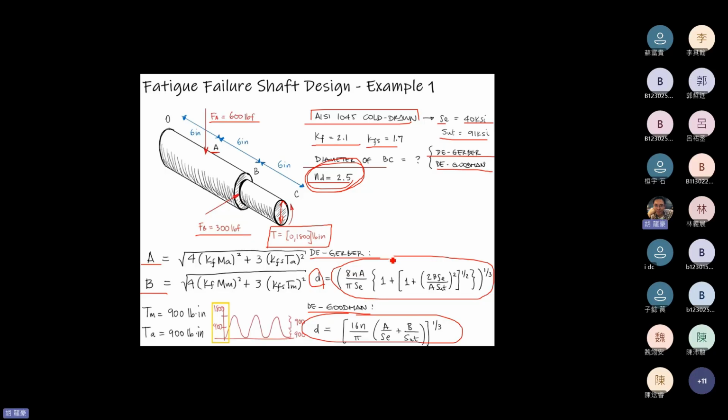In this case, the torque is applied with the mean torque equal to 900 and the alternating torque equal to 900 pound-inch.